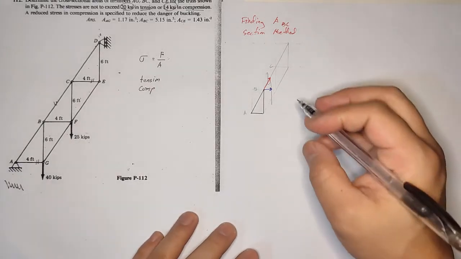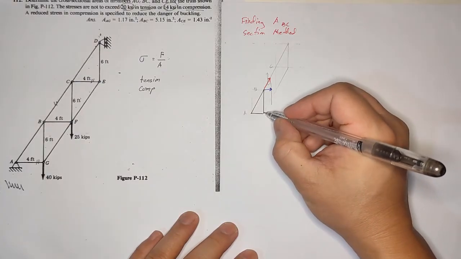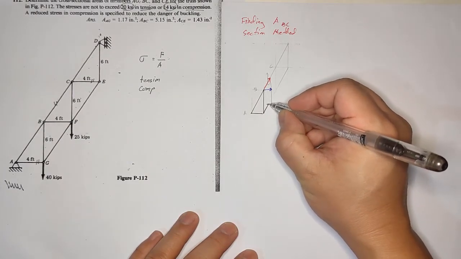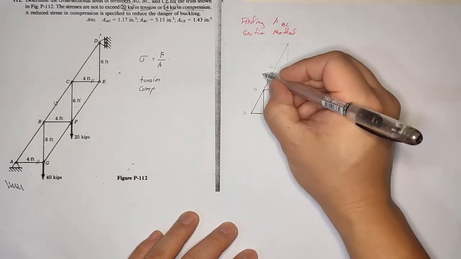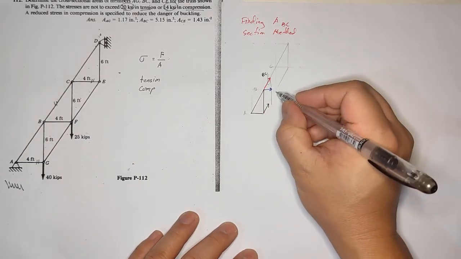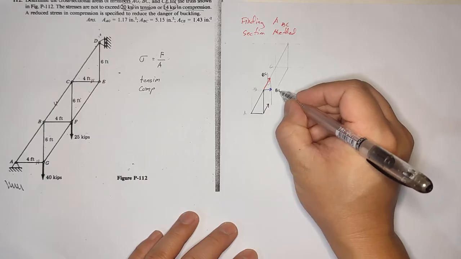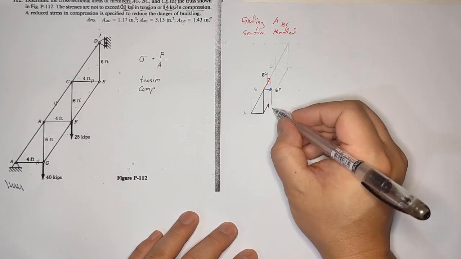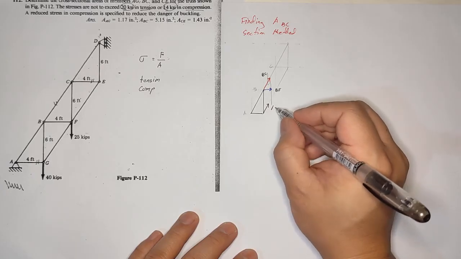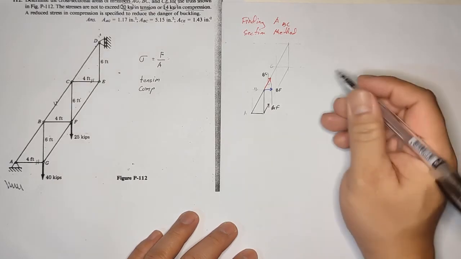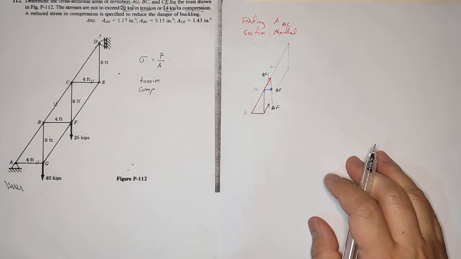So that's my assumption. Then we will reverse it if that is negative. Okay, so again, this is BC, this is BF, and this is GF. I hope you can still see.